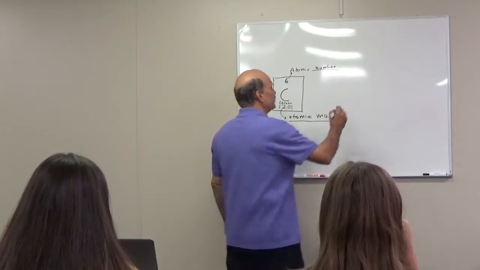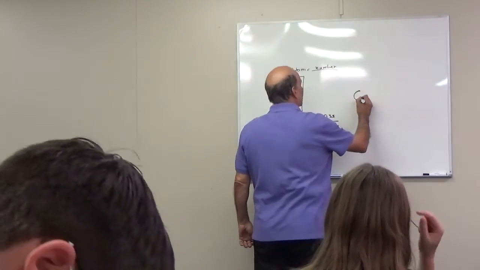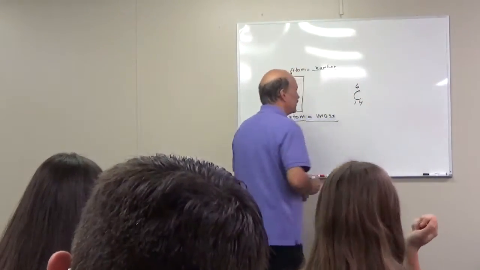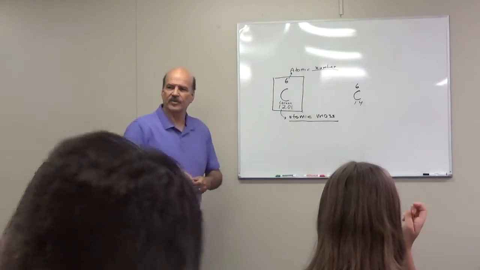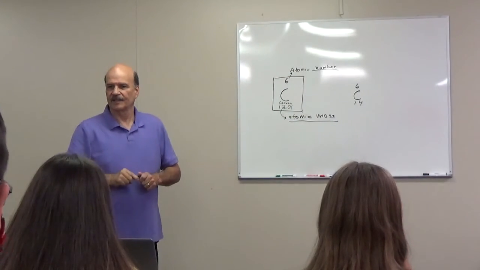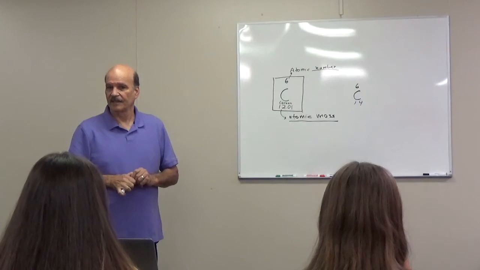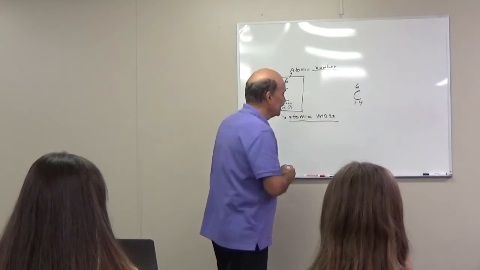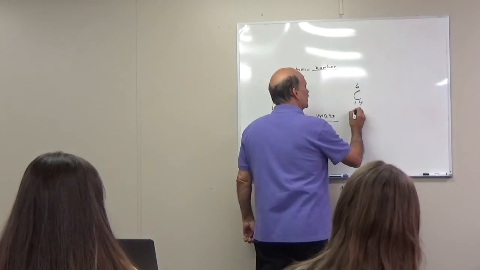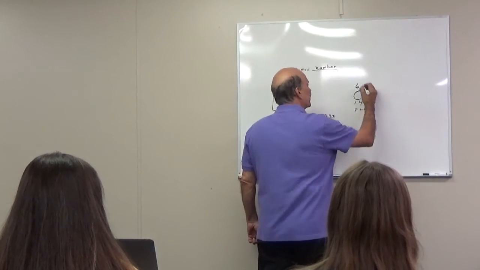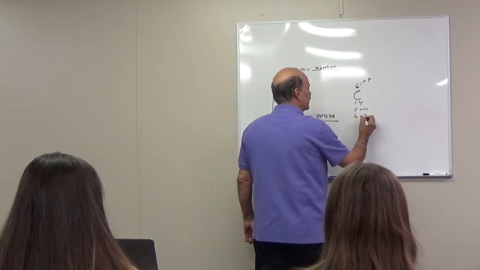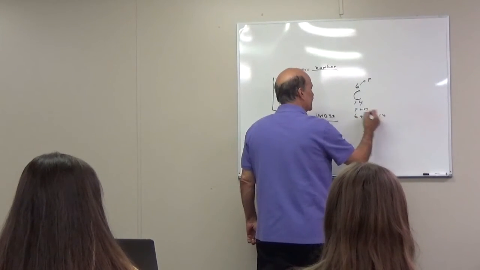If they give you something like carbon, which has 6 protons, and let's say its atomic mass is 14, how many neutrons would you say it has? 8. And how did you come up with that? Right. So we know that this is number of protons plus neutrons. This is number of protons. So 6 plus what is going to add up to 14?